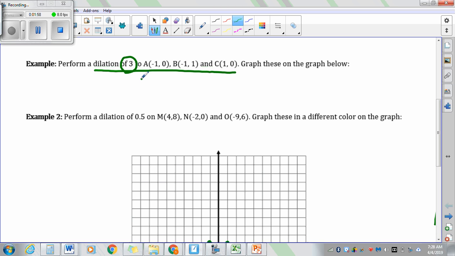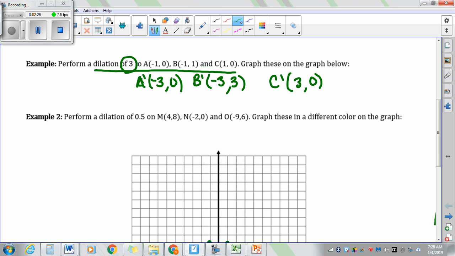So if I take A and multiply everything by 3, so A prime, -1 times 3 will be -3. 0 times 3 will still be 0. If I take the B part and multiply it by 3, -1 times 3 will be -3. 1 times 3 will be 3. C prime, 1 times 3 will be 3. 0 times 3 will still be 0.